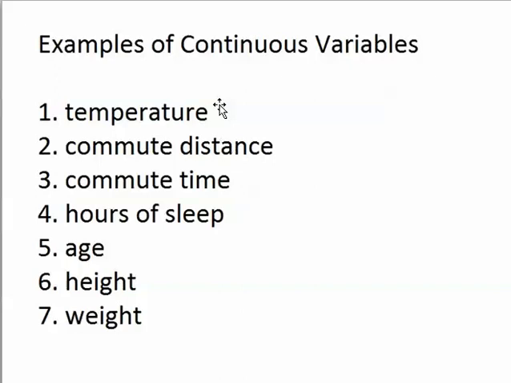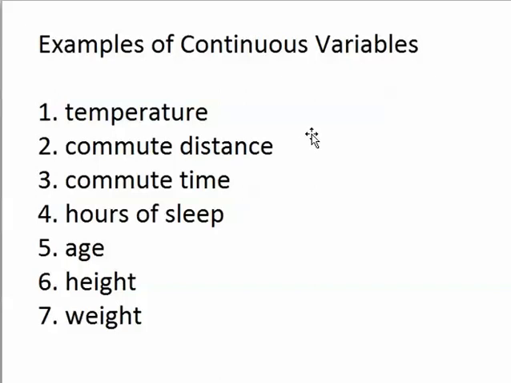Each of these variables is a continuous variable because each of these variables has a continuous or steady stream of possible values. I mentioned earlier that there might be a lowest possible temperature and a highest possible temperature, but anything between those 2 points is a possible temperature. The same thing is true for commute distance.